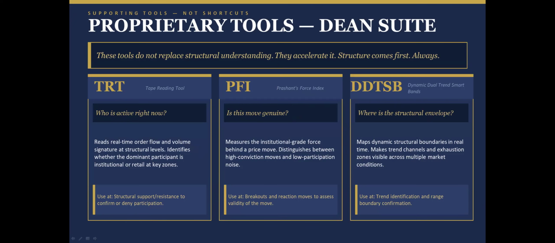TRT is the tape reading tool, and it shows who is active right now, whether the trend is up or down, whether the buyers are there or sellers are there, and it also shows sideways price action. So the color will be yellow or purple, or it will be black or blue. So it shows whether the price action is sideways or it is a trending market. Who is more active?